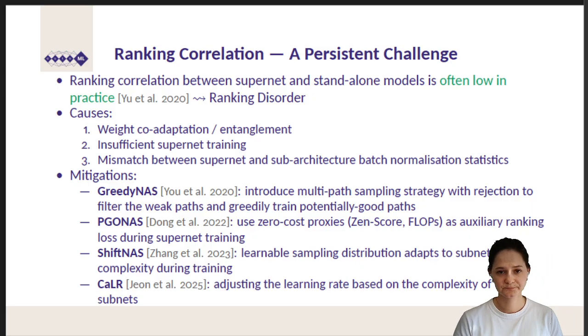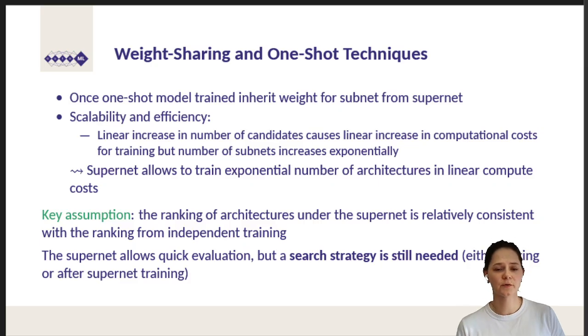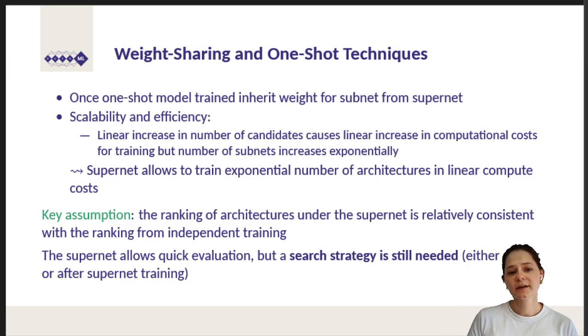So now we talked about one-shot models being trained once, and you can inherit the weights for the subnetwork from the SuperNet. One particularly important part here is also the scalability and the efficiency. A linear increase in the number of candidates causes a linear increase in computational costs for training an exponential number of subnetworks.